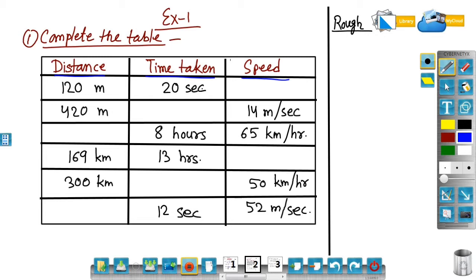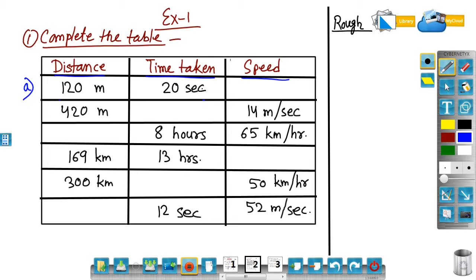First of all, if we take the first sum, here distance is 120 meter and time taken is 20 seconds. It is given.